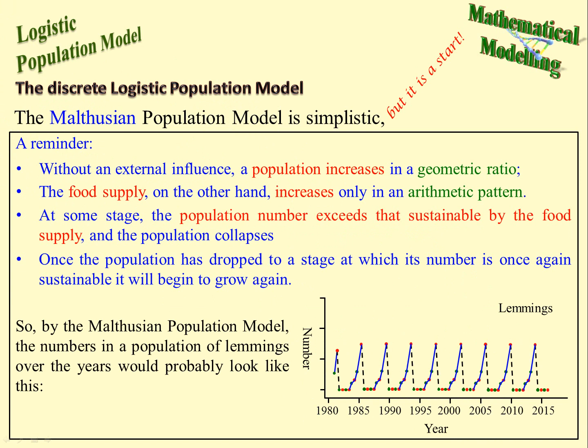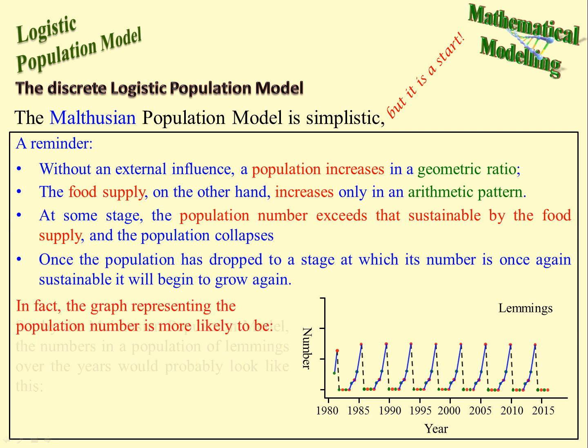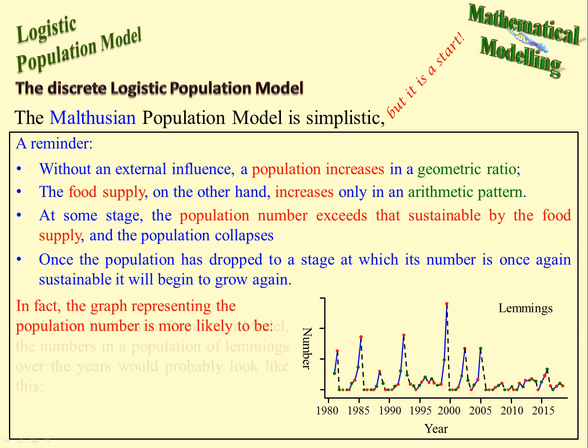There's what is likely to be the graph of a population of lemmings over a number of time periods by the Malthusian population model. Climbing, then collapsing, and then climbing again. More realistically, that's what's likely to happen.